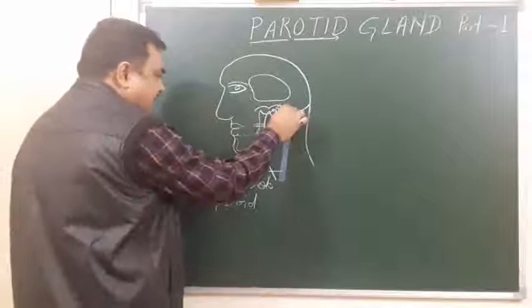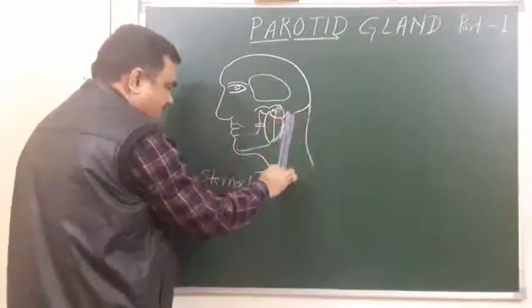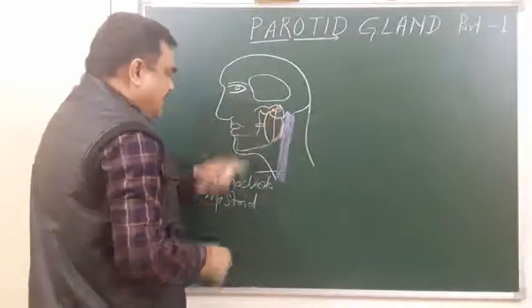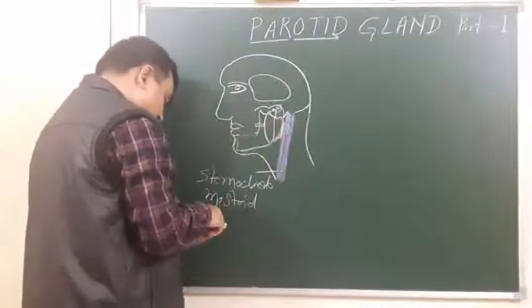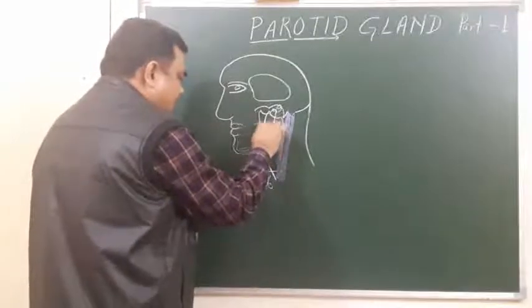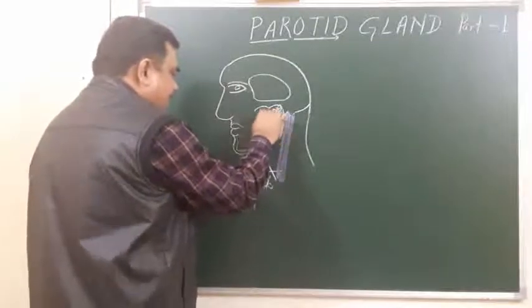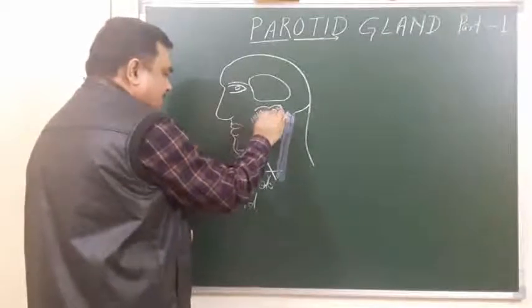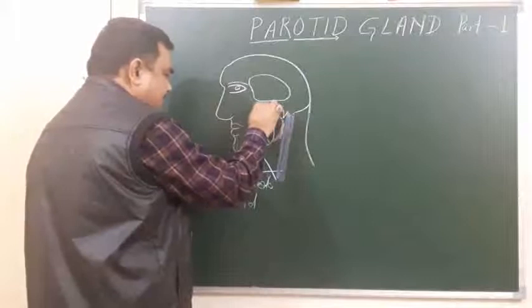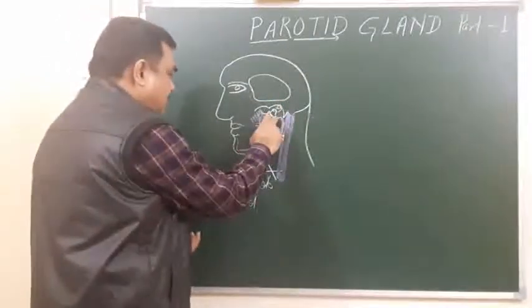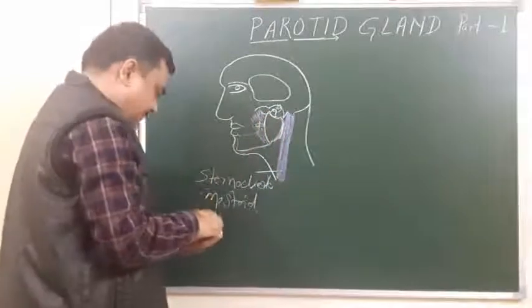You can see here, this is sternocleidomastoid, this is external acoustic meatus, this is parotid gland, and here is one muscle deep to parotid gland. That is, this muscle is masseter.